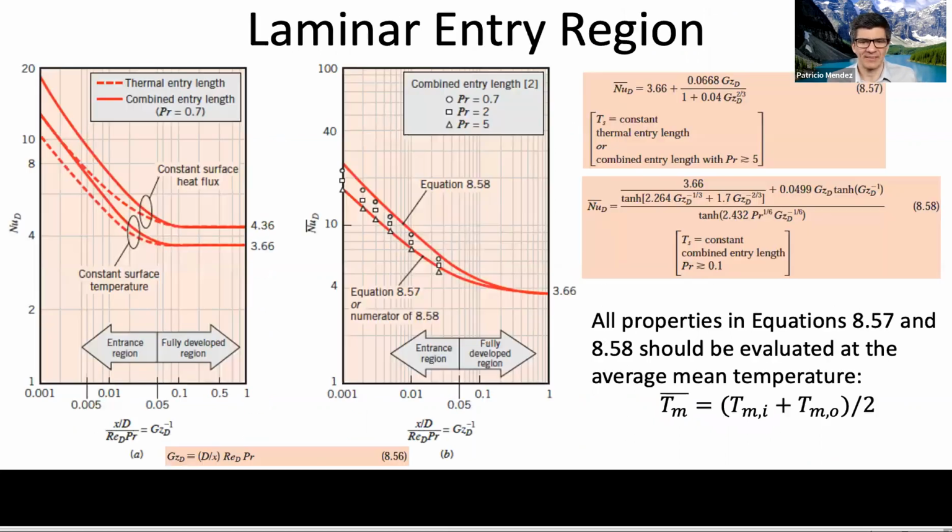We have this complex slide here. But this complex slide told us something: that the average Nusselt in the entry region, if it is laminar, and we saw the critical Reynolds is 2300, so the Reynolds number was below 2300, we can use either this formula or this other one. Both should give you more or less the same result.